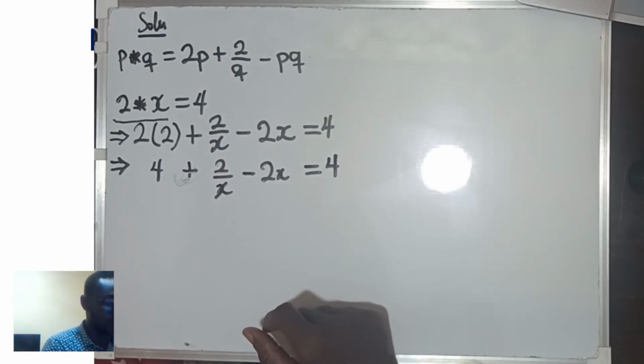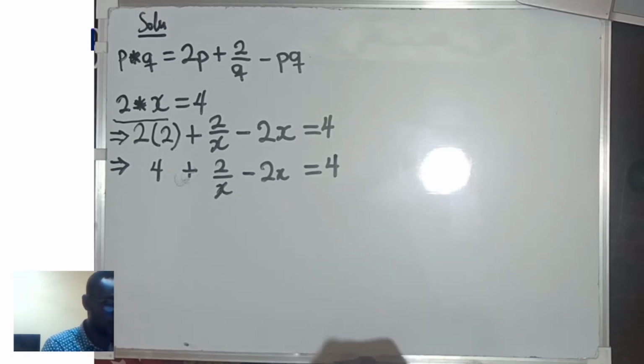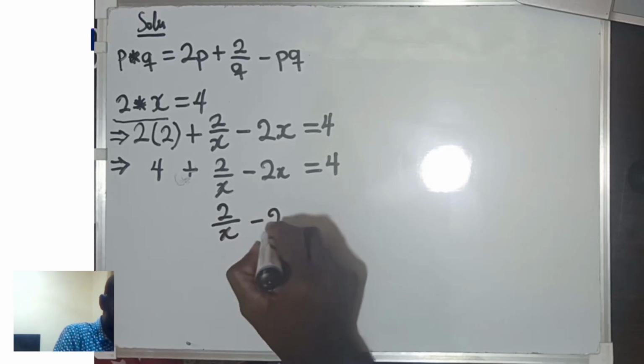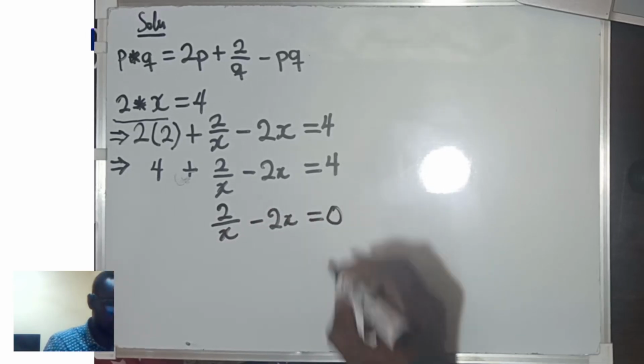Now we see that there is 4 here, there is 4 here, so they can cancel each other, so that we have 2 over x minus 2x equals 4 minus 4 becomes 0.